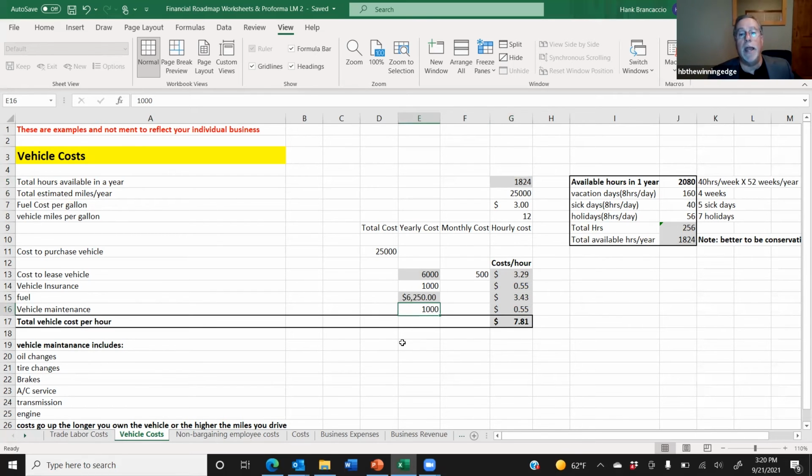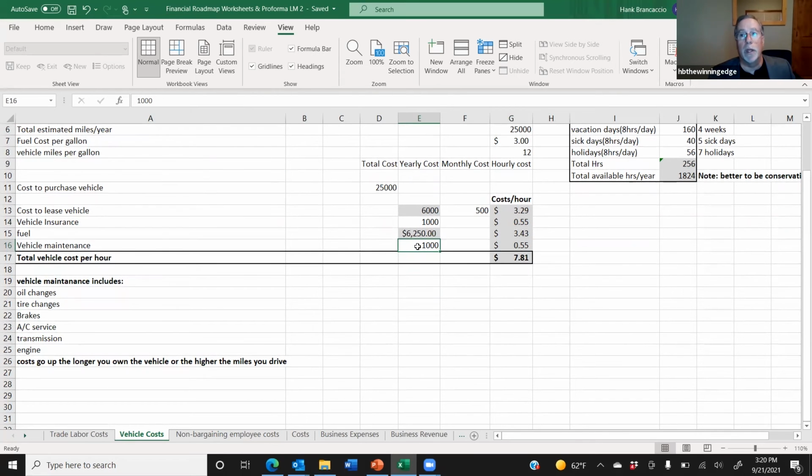Maintenance. So I have $1,000 in here for maintenance. Now, this number will fluctuate based on how long you drive that vehicle. The longer you drive it, this number is going to go up. Think about this.